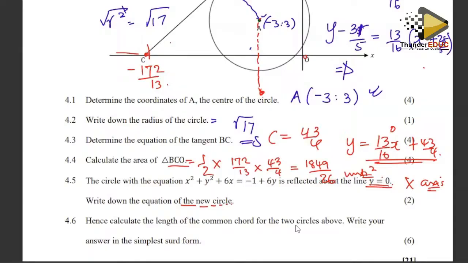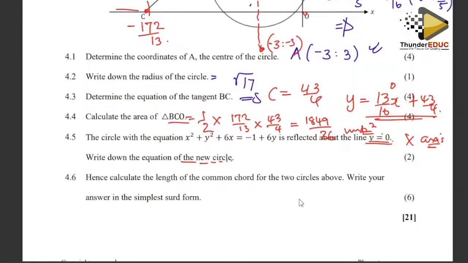It's only the sign on the y that's going to change. So the new coordinates of the center will be -3 and -3. Okay, so the new equation, I prefer to write it in a simplified version. It's going to be (x plus 3) squared, and then (y plus 3) squared is equal to 17. Nothing is going to change. That has to be the equation.